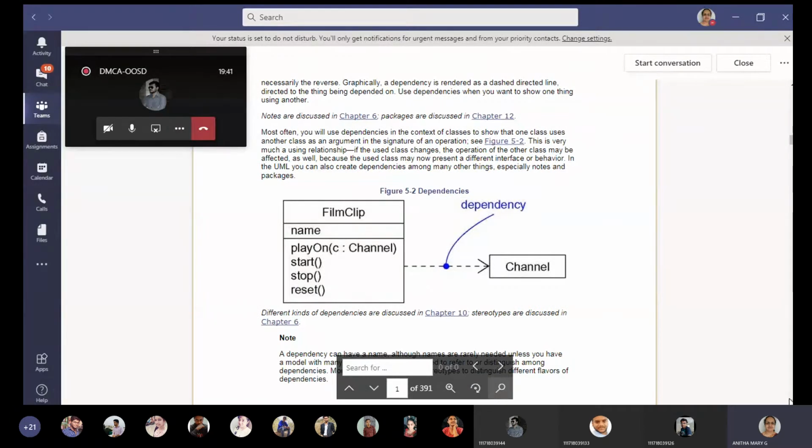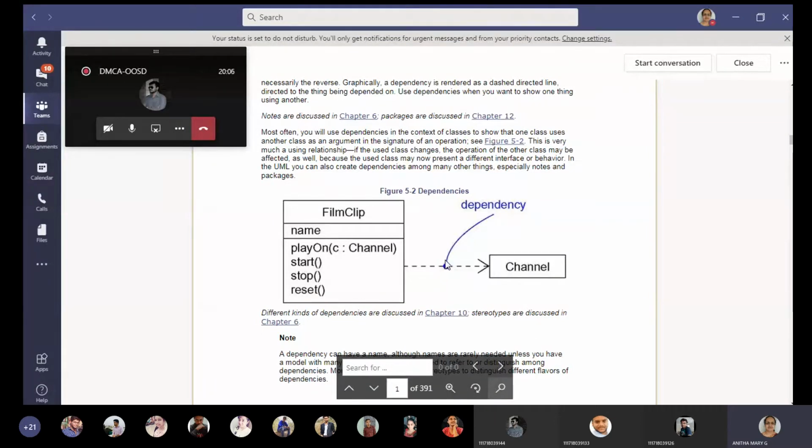If you have a film clip and a channel, what film clip you want to view is going to depend on the channel. Channel people may broadcast their live channel. So whatever program you want to view is depending on the channel.